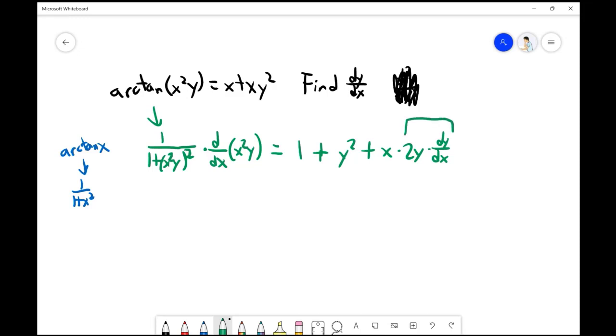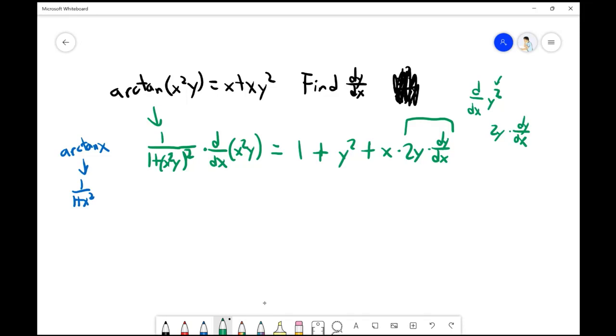Notice how there's the y times dy/dx. That's because of chain rule. If you're taking the derivative with respect to x of y squared, it's technically a function in a function. The y is a function, and then the squared is also a function. So that makes it 2y times the derivative of the inside, which is dy/dx.